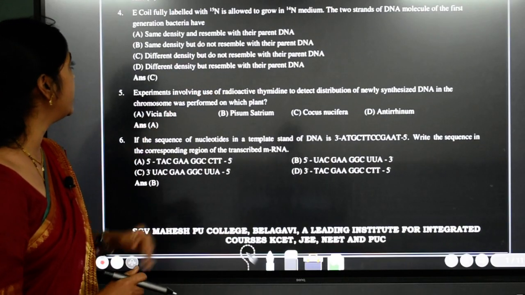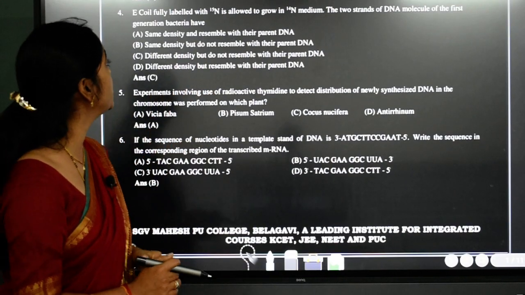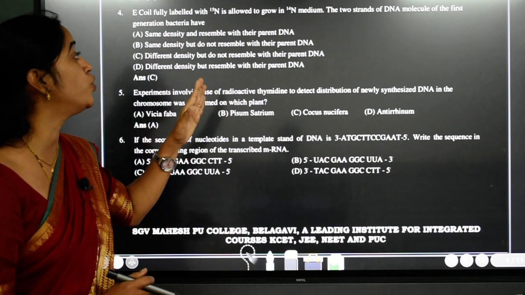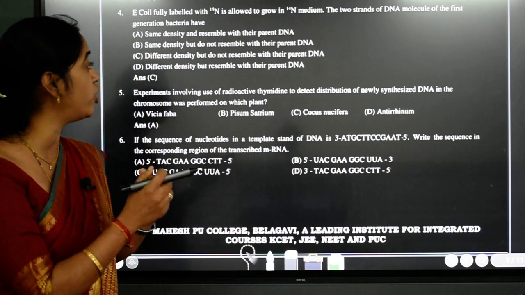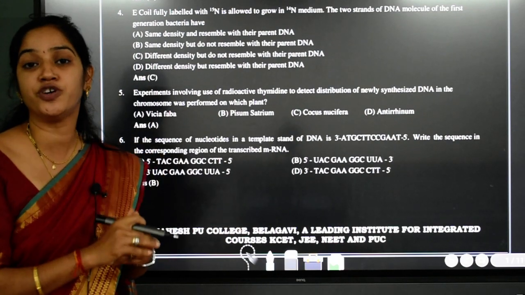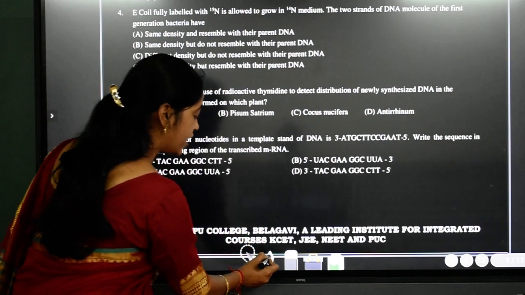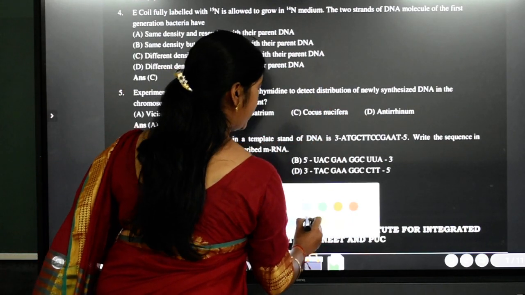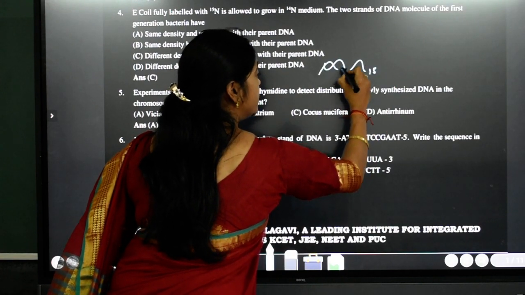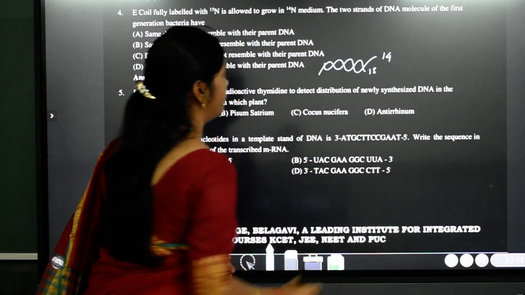Question number 4. Here the question is about replication, in which E. coli fully labeled with 15N is allowed to grow in 14N medium. So they have a bacteria which was initially grown in 15N and now it has been transferred to 14N. So its DNA will be hybrid in nature: one strand is made up of 15N and the other strand is made up of 14N.